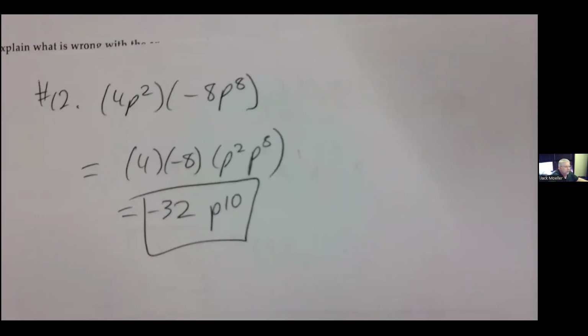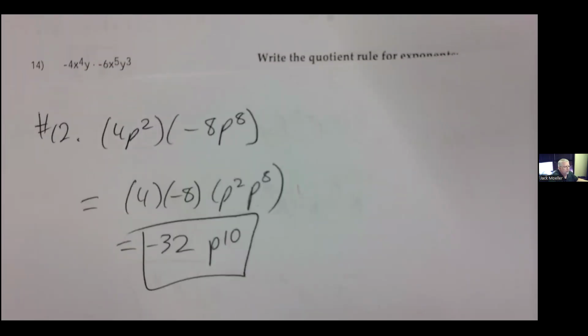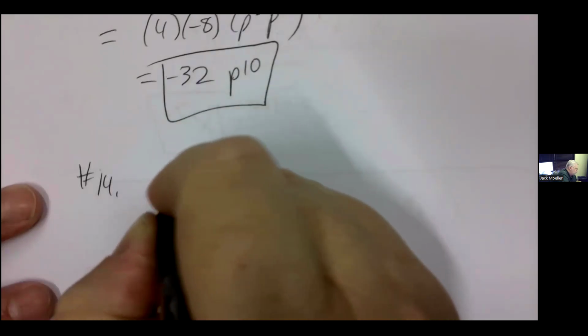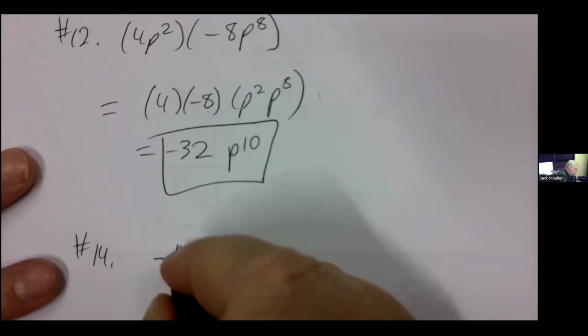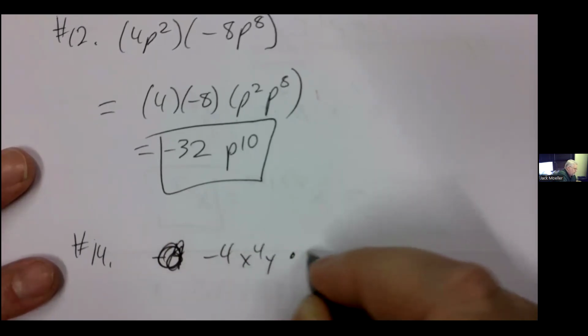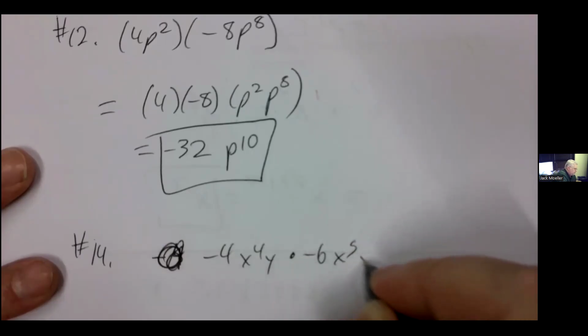Great. So let's jump down to another, a little bit messier one. So number 14. So this is negative 4, x to the 4th, y times negative 6, x to the 5th, y cubed.